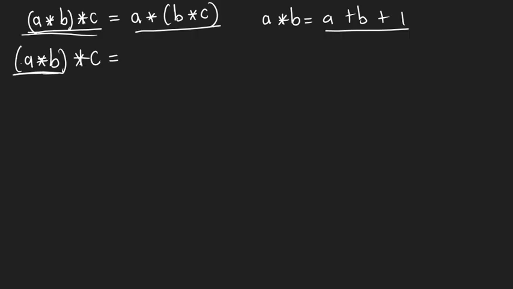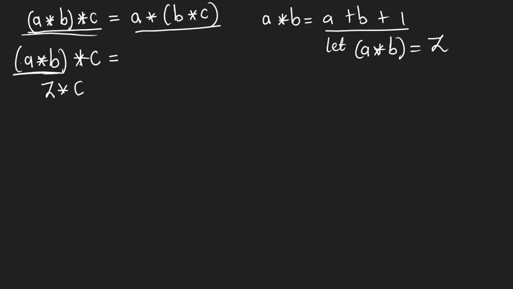Guys, if I want, I can say let A star B equal Z. Please pay attention. Let A star B equal Z, to make it simple. Then this is going to be Z star C. Now, this is associative.